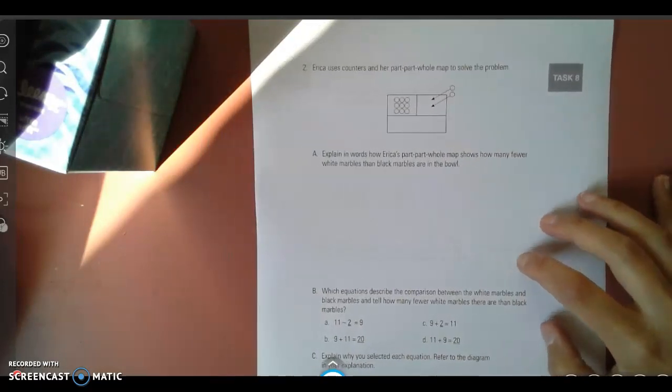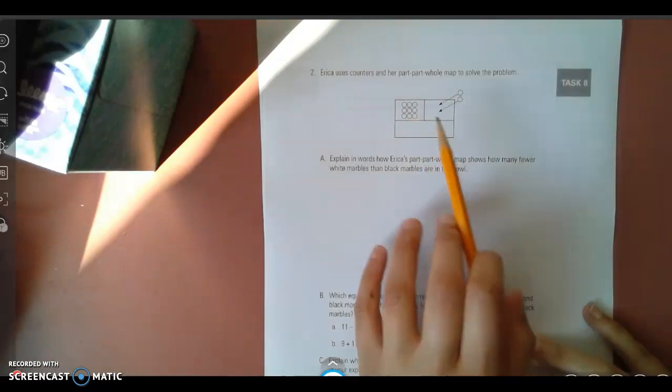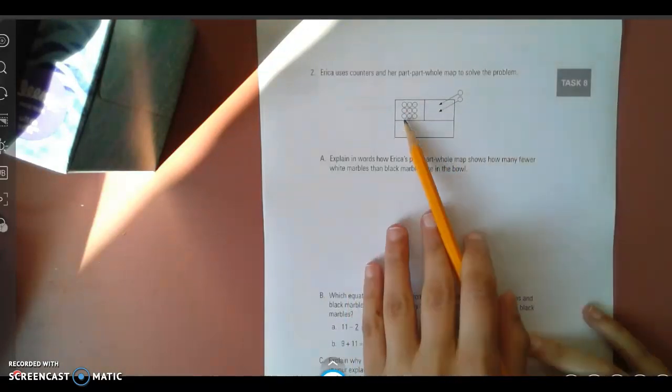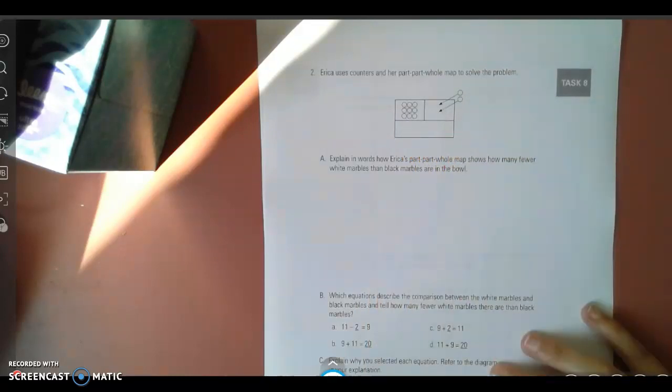So here's Erica's. So number 2 says, Erica uses counters and her part-part whole map to solve the problem. So here you can see what she's doing. She has 1, 2, 3, 4, 5, 6, 7, 8, 9 marbles in this box. And she's having 2 more here on this side.